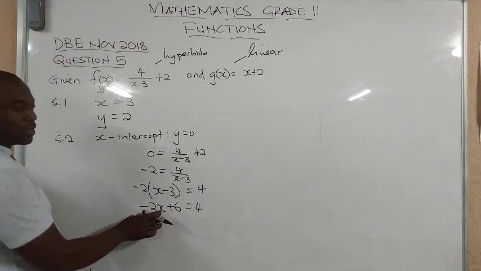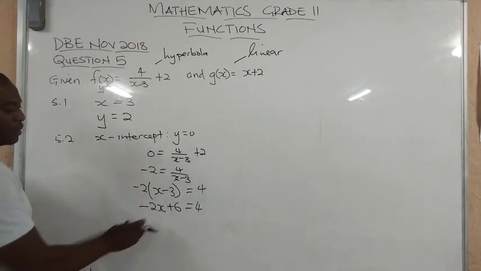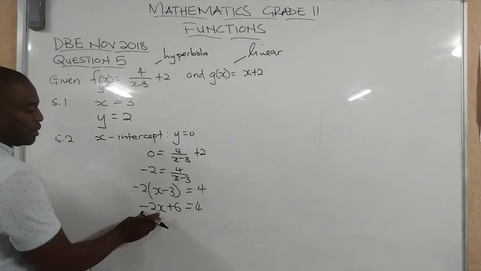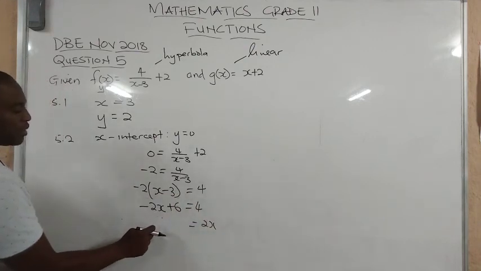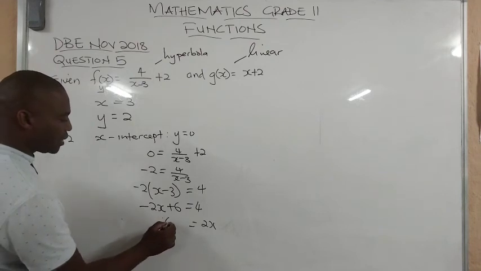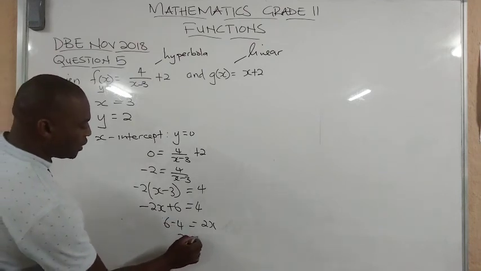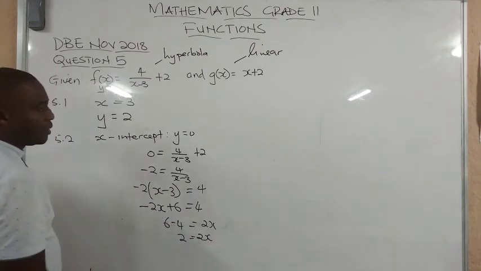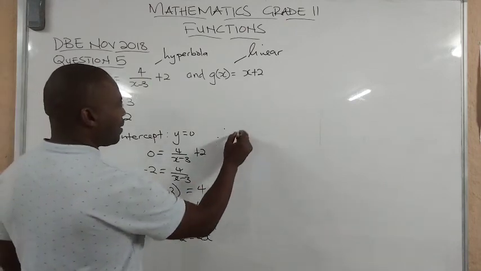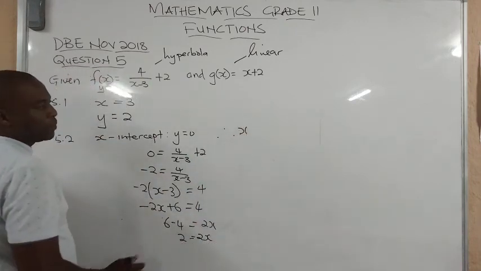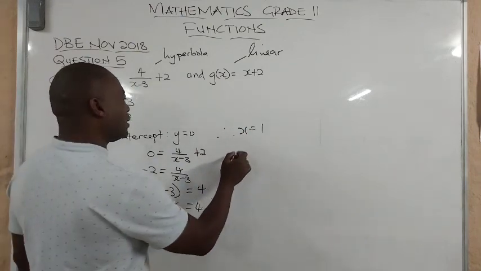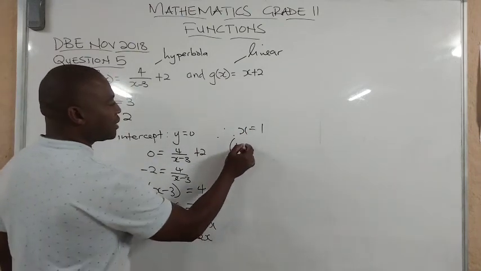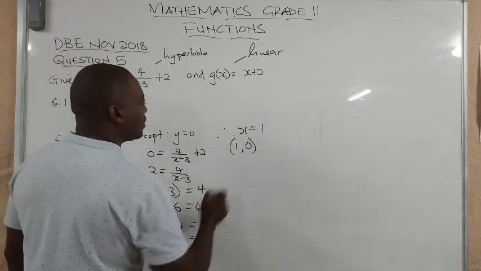We can just dodge the negative on x by taking negative 2x to this side and bringing 4 to the left side. That will be 6 minus 4. So 2 is equal to 2x. Therefore, we divide both sides by 2. Our x is equal to 1. Meaning that the graph will cut the x-axis at point (1, 0).